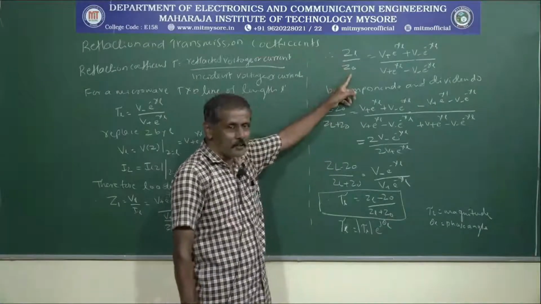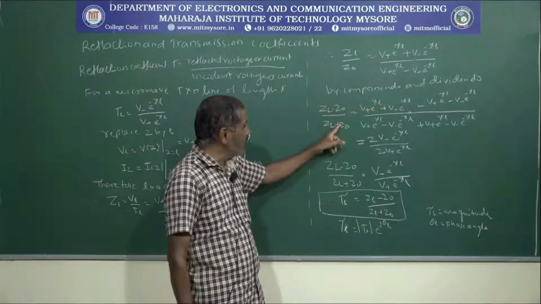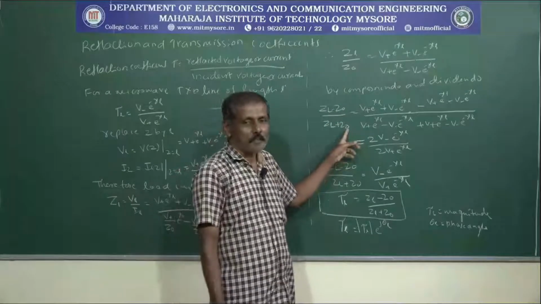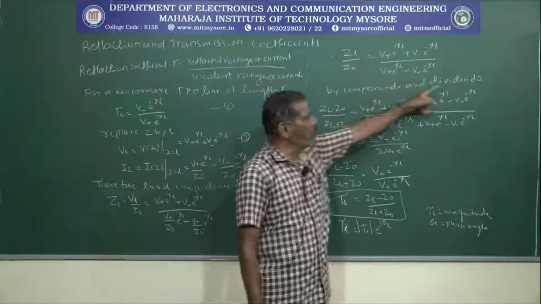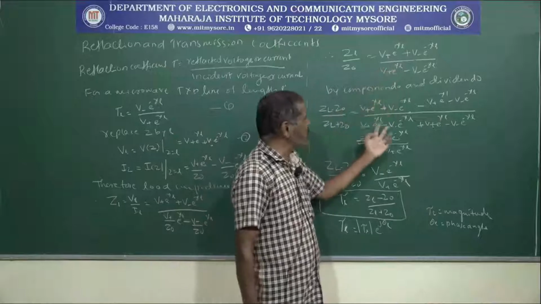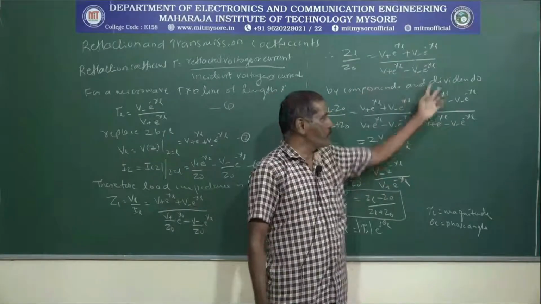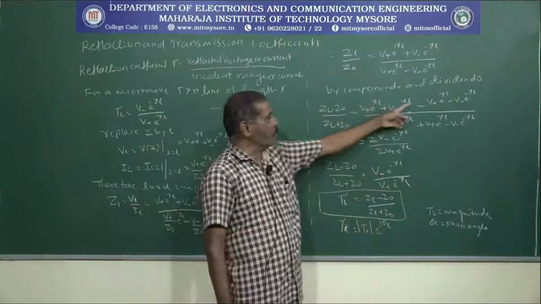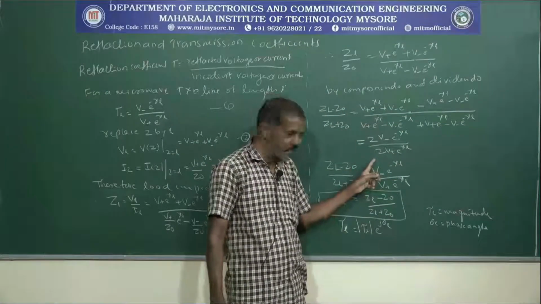Here you have ZL and Z0, but here I am getting ZL minus Z0 and ZL plus Z0, because of componendo and dividendo operations. Similarly, this term remains as it is, and for componendo or dividendo we are adding these particular terms, and by simplification we get this.